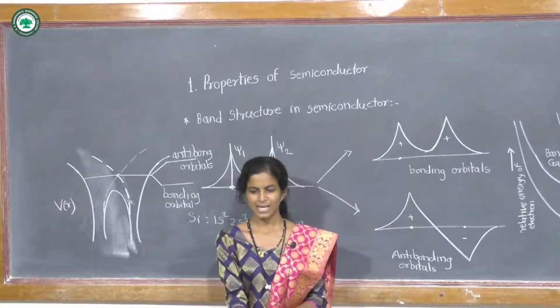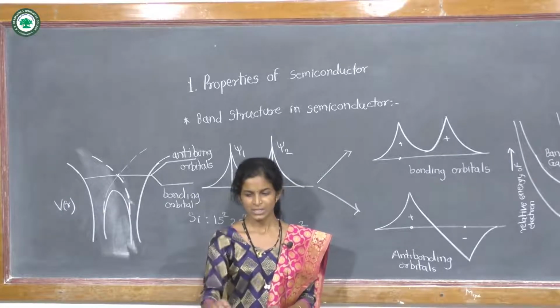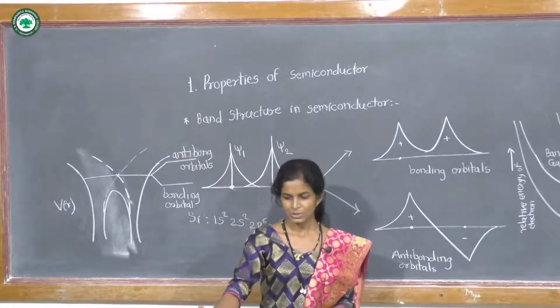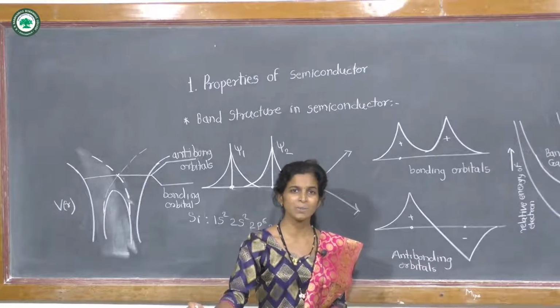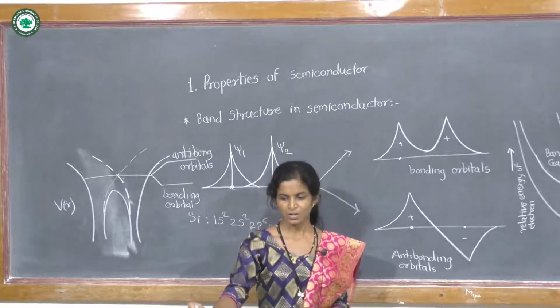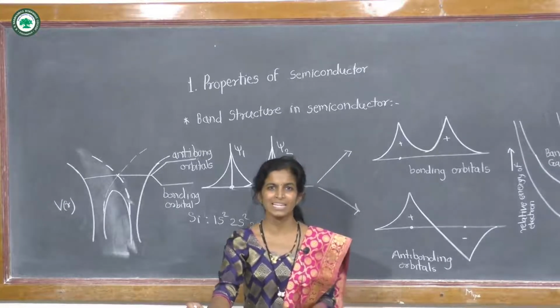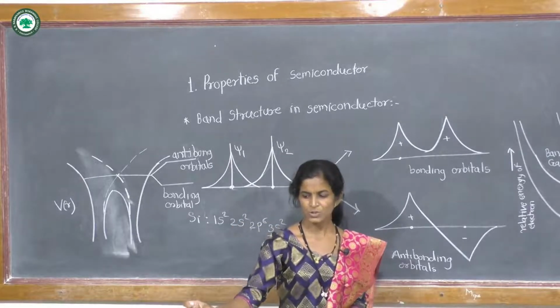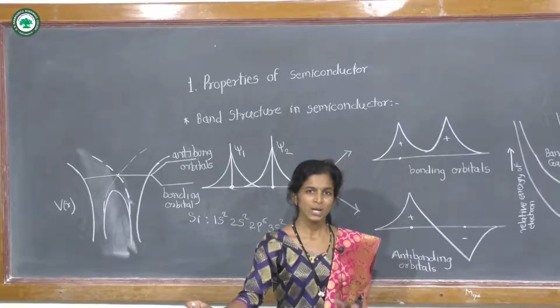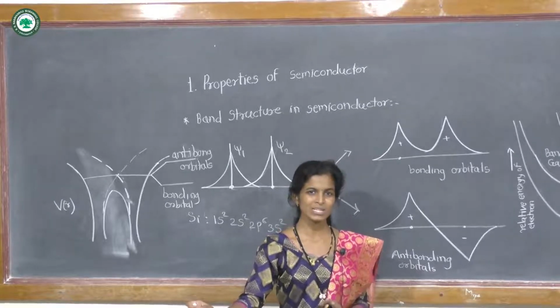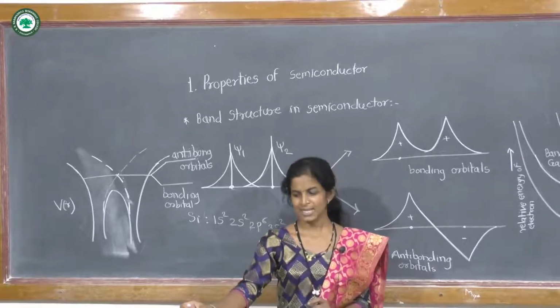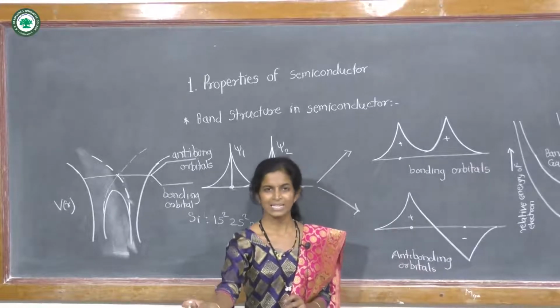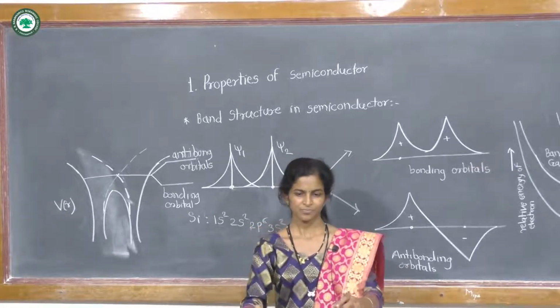When two atoms are completely isolated from one another, so that there is no interaction between the electrons and the electron wave functions of the two atoms, these atoms have the identical electronic structure.